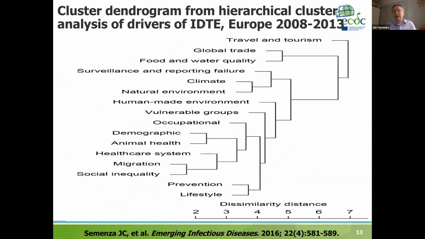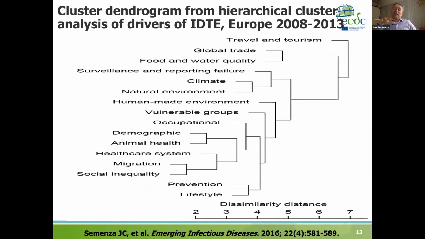So if we take a more strategic approach to group them in a multi-dimensional space, where you have all the drivers against these epidemic events, you can create this kind of cluster dendrogram using this hierarchical cluster analysis that we conducted with Joachim Brock-Löw, who spoke the other day here as part of this meeting.